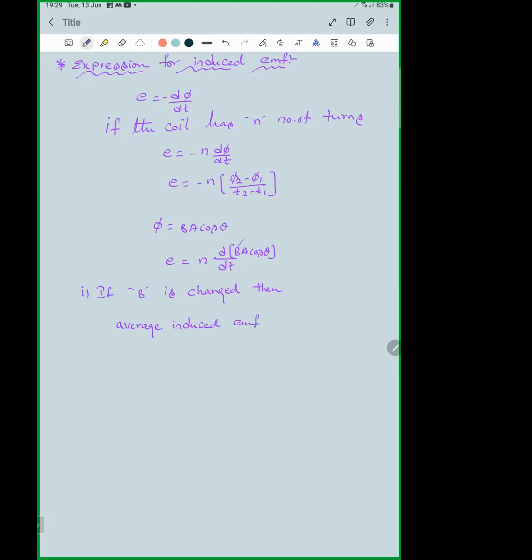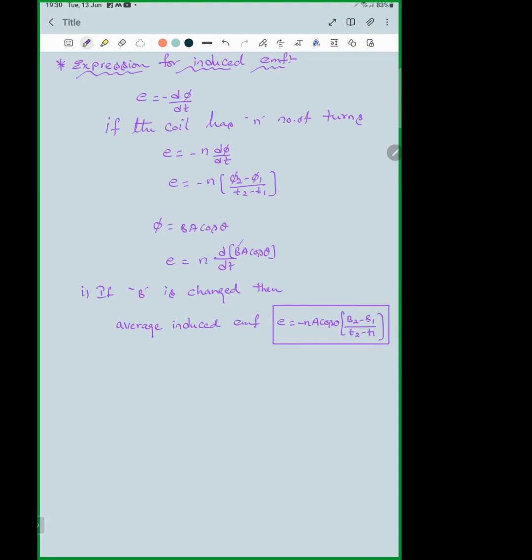When we say average induced EMF, the formula is E is equal to minus NA cos theta into B2 minus B1 by T2 minus T1. See, you have to write the formula like this if they ask it as average induced EMF.